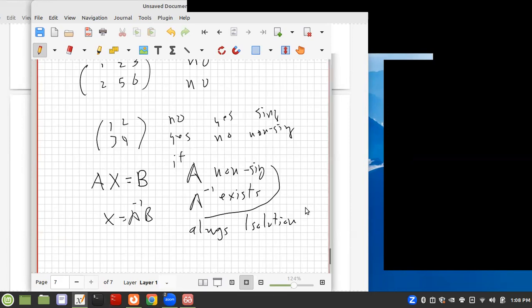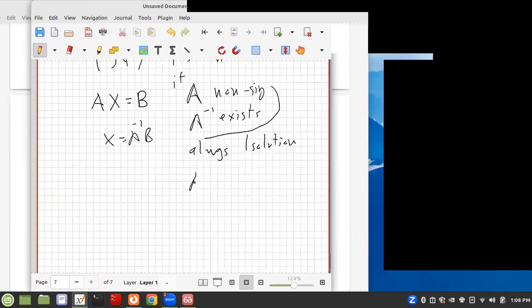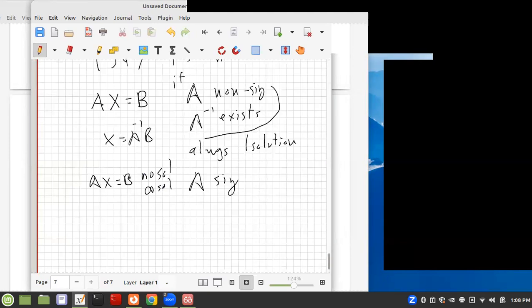Now, if A is singular, we don't know. It could be that there are many solutions or no solution. There could be a contradiction, because if A is singular, AX equals B could have no solution or an infinite number of solutions, because we can't invert this, so we don't know what's going on.